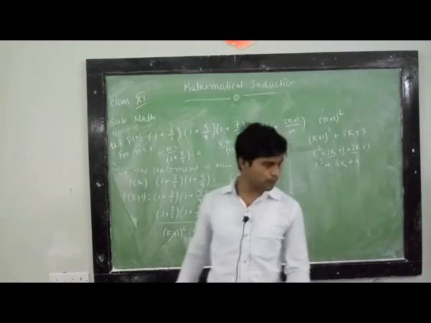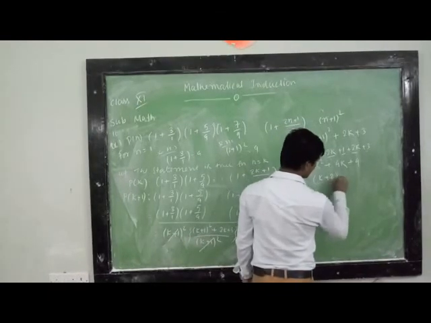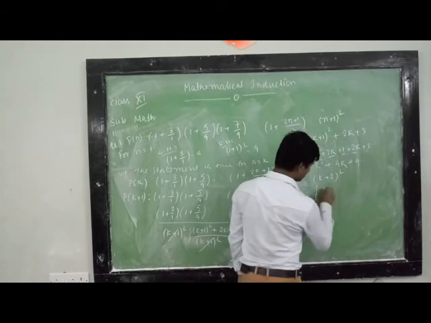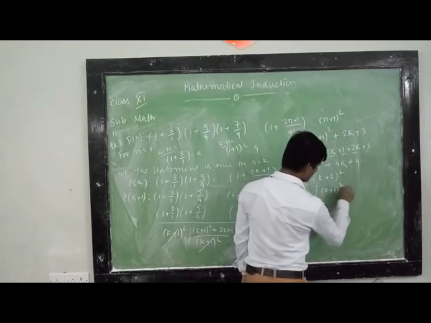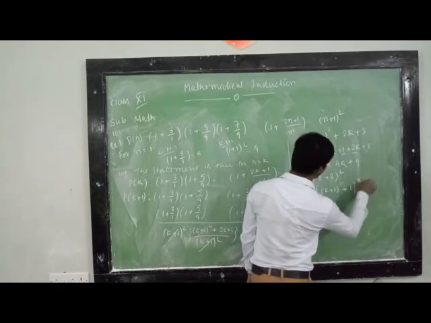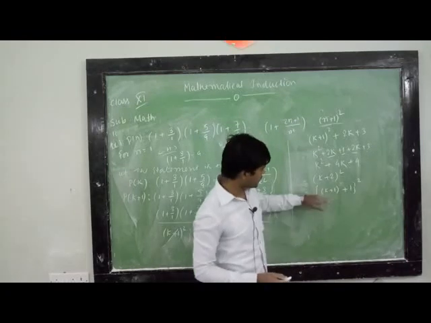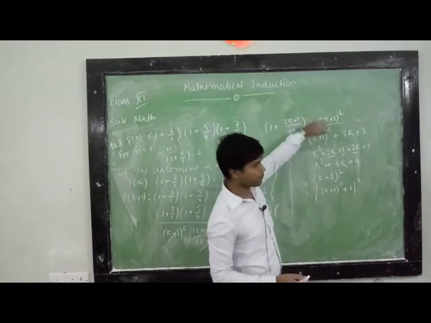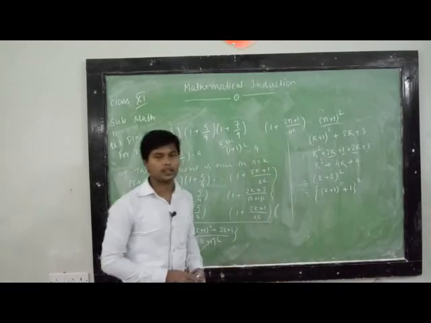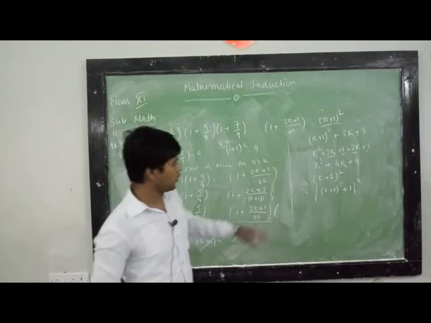Now this is a simple formula of (k+2)². Now k+2 can be written in the form (k+1+1)². Means we have to express the expression like that. So this expression and this expression are the same when n equal to k+1. That means the statement for n equal to k+1 is true.